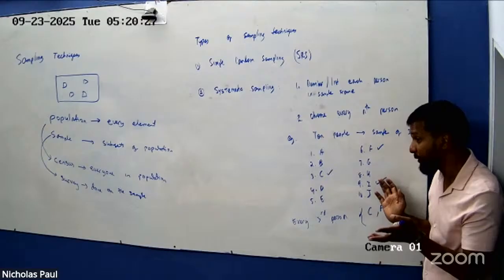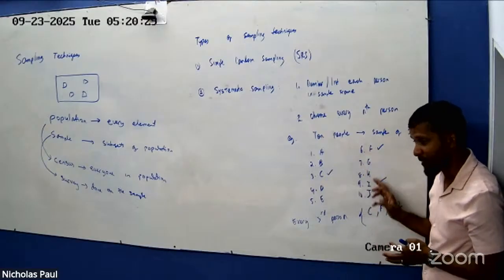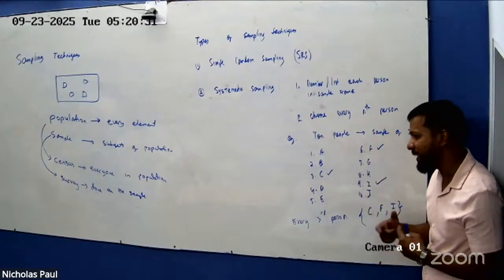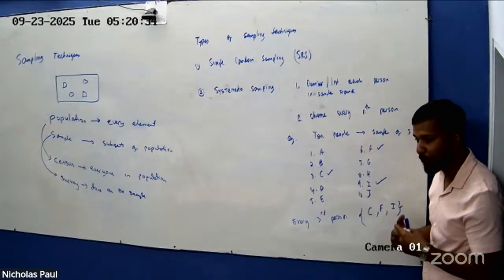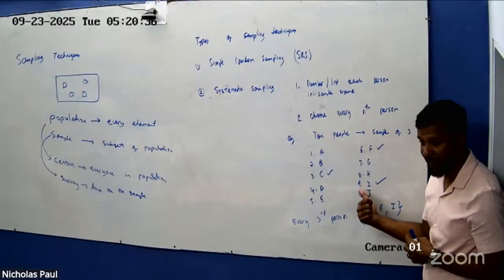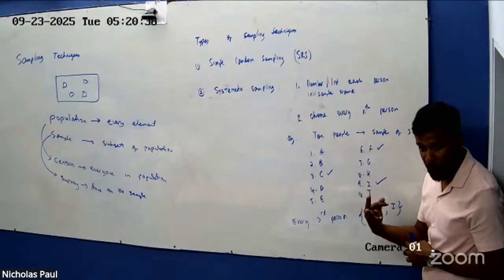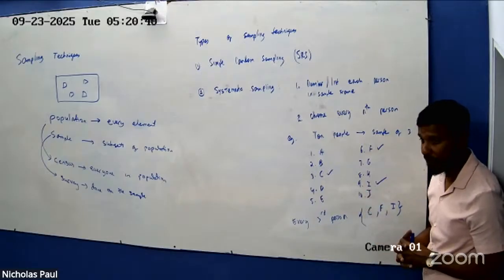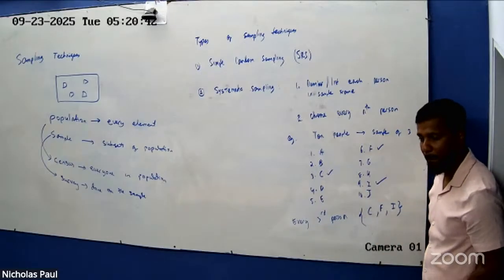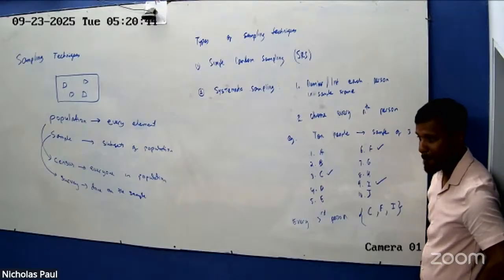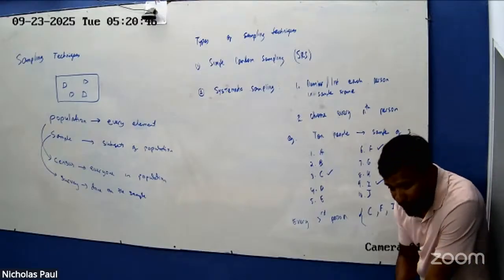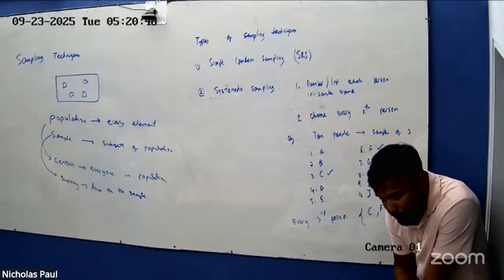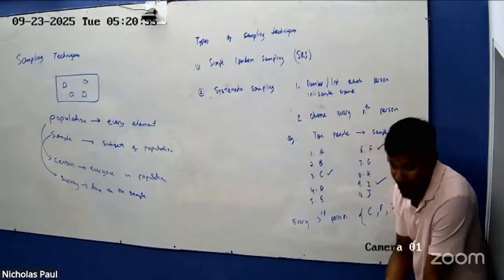Or suppose a household, and you have 10 people living in the household, and you ideally want to get 1 person per household. What would happen here? This household would have had 3 people in it. What could be a problem? You might end up missing out people.